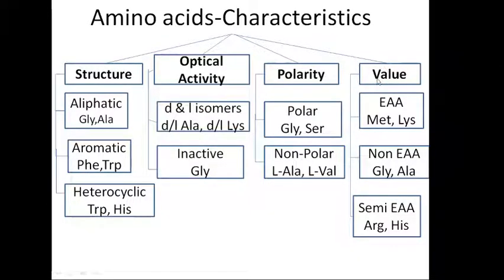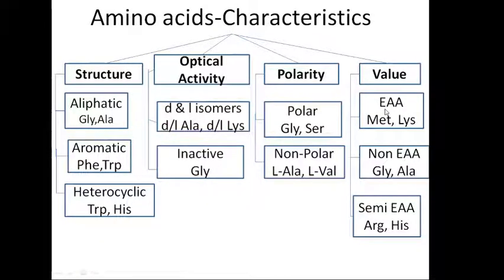Based on the nutritional value, the amino acids could be categorized as essential amino acids. What does this mean? They are absolutely required for the normal growth and development, but cannot be synthesized by the living systems. Now, how do they obtain?